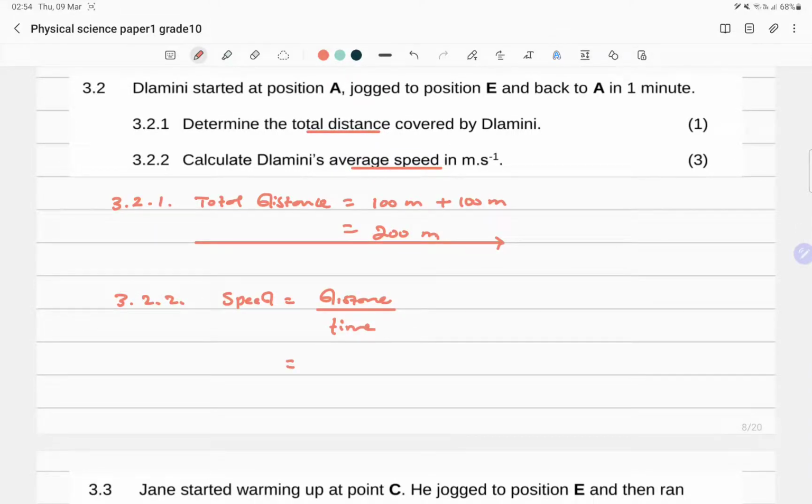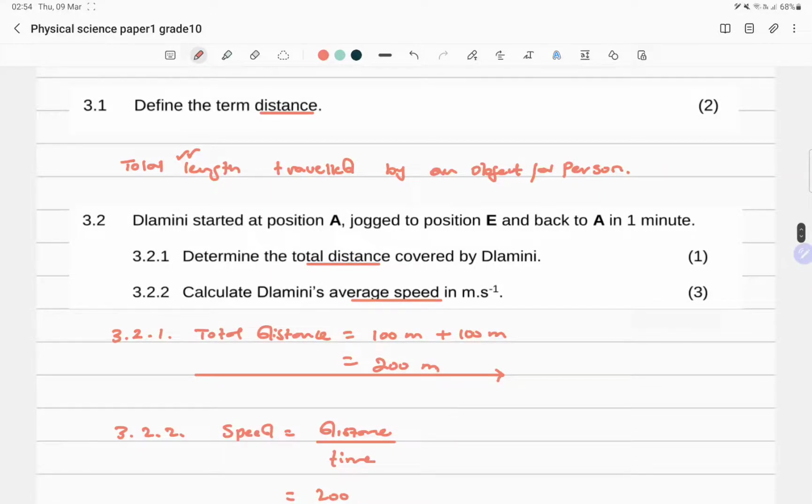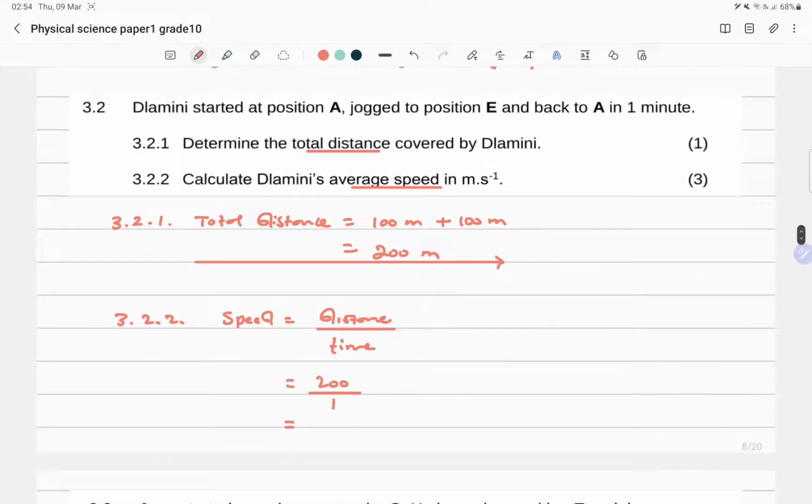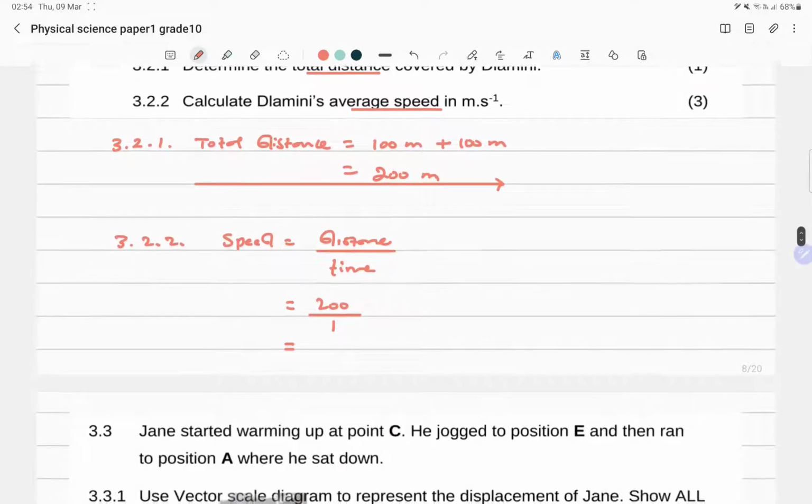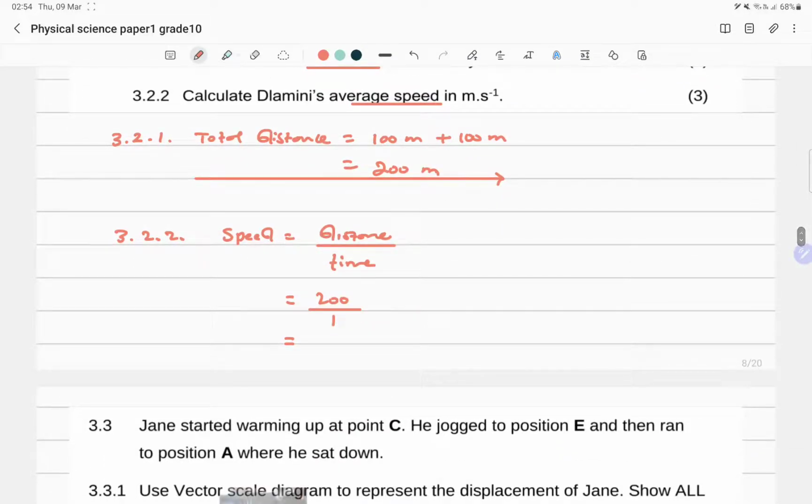So the distance was 200 over 1. When you want to tell me this girl traveled at this speed, that is crazy. Oh no, 1 minute, I forgot. 1 minute is basically 60 seconds. So time must be in seconds. I almost got hit, took this one too lightly. So this is divided by 60. 200 divided by 60 gives us 3.33.